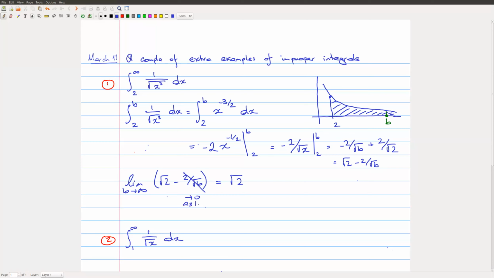And the limit as b goes to infinity of the expression is just the square root of 2. So our conclusion there is that the improper integral from 2 to infinity of 1 over the square root of x cubed converges, and its value is the square root of 2.